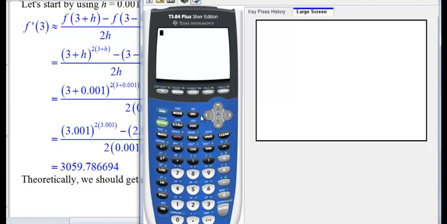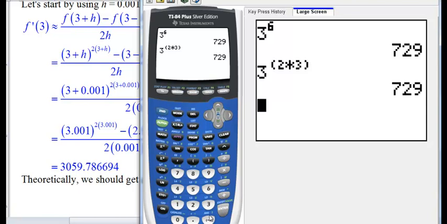So for example, if I just wanted to evaluate that function x to the 2x at 3, that would be 3 to the power 2 times 3, 3 to the 6th. Okay? So, of course, 3 to the 6th is 243. We can do that, or 3 to the power, parentheses 2 times 3. In other words, if we want to write it all out, we get that.